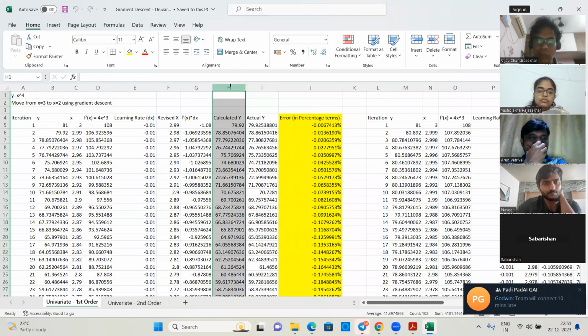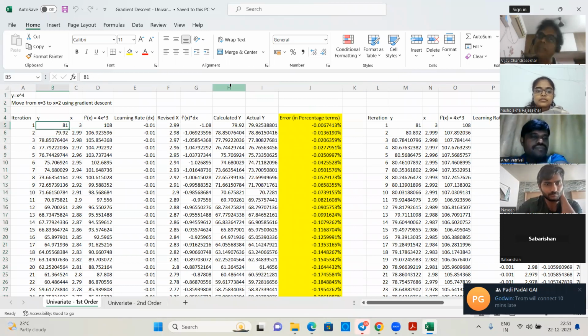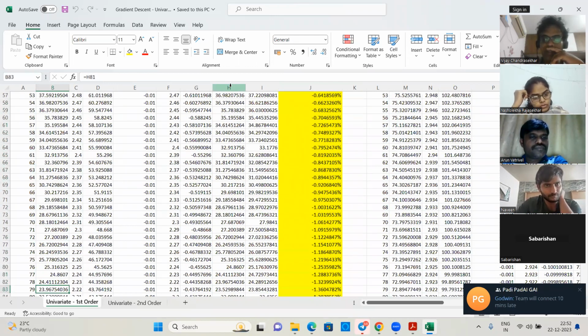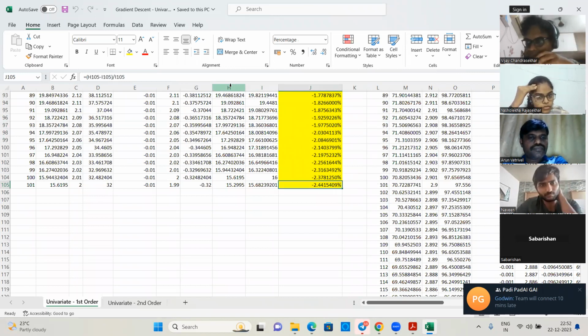So when I move to step 2, I'm already using an approximated value. When I move to step 3, it's an approximated value of the approximated value that I'm going to use in step 3. So eventually, when I literally move to step 100, I've done so many approximations, linear approximations, and as a result, negative 2.44 is the error.